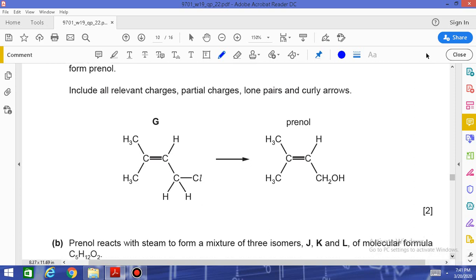Okay, so from halogenoalkane, so I didn't focus on this alkene. So halogenoalkane is converted into alcohol. You have to identify the type of reaction mechanism first. The type of reaction mechanism is SN, or nucleophilic substitution.